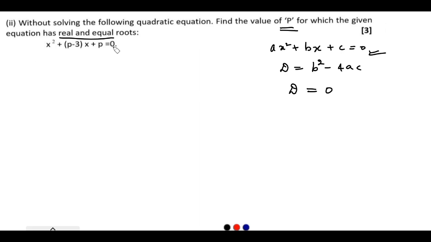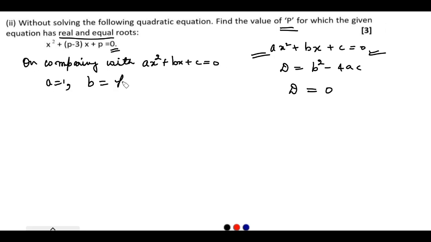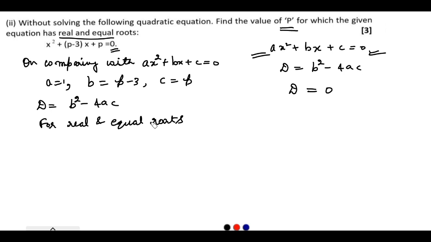So first of all, compare the given equation with the standard quadratic equation. Find the values of a, b, c, then find the value of the discriminant. For real and equal roots, the discriminant will be 0.